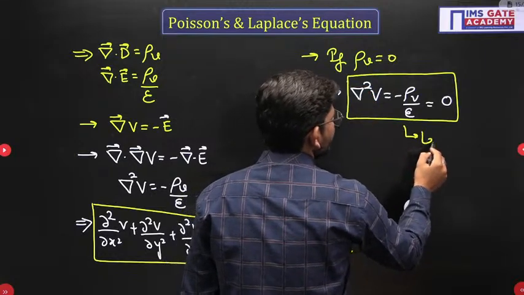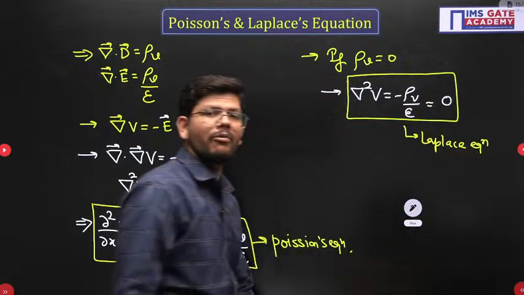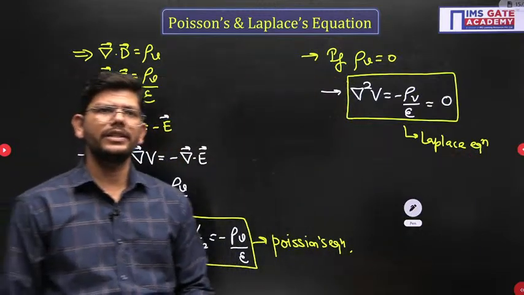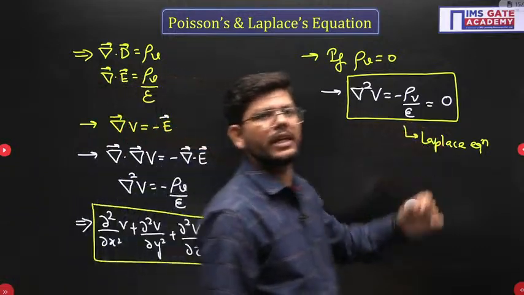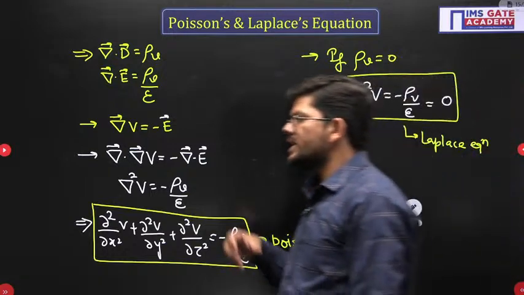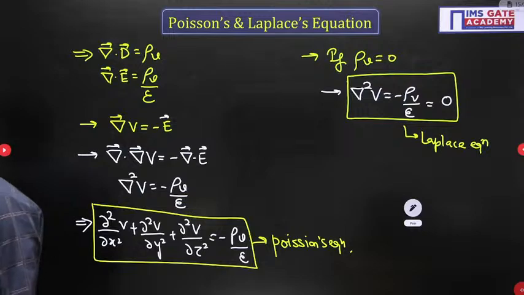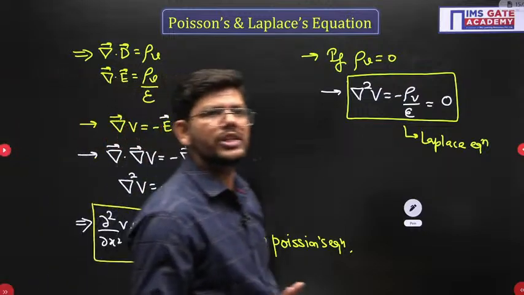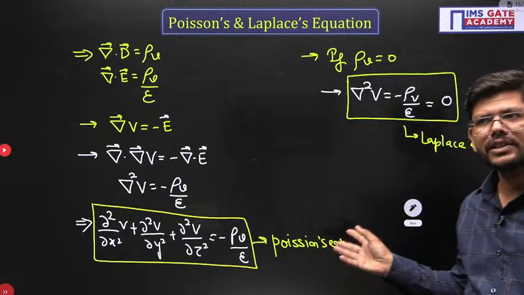Laplace equation is valid for free space region, isn't it? Where there is no charge, a charge-free region we can say. Poisson equation is for that particular region which has some charge, and Laplace equation is for that region which is having no charge associated with it. So this is Poisson's and Laplace equation.